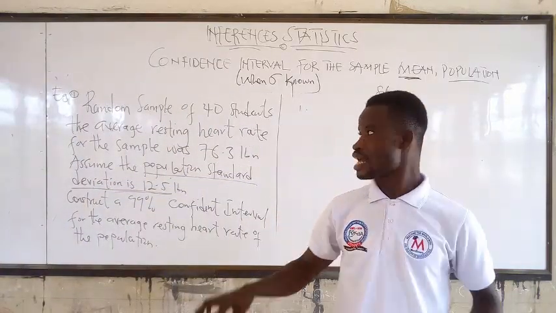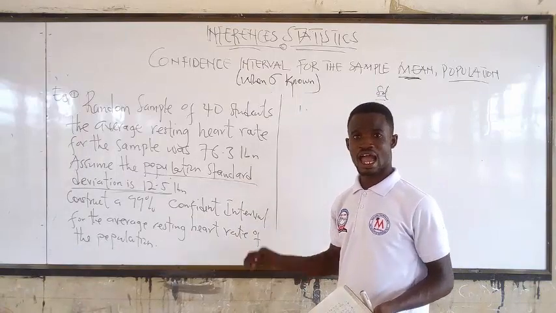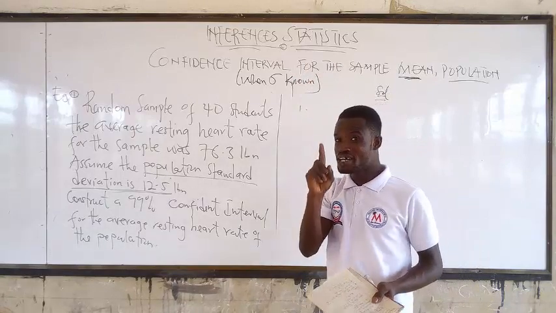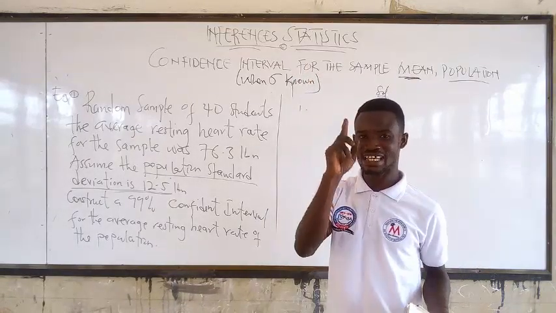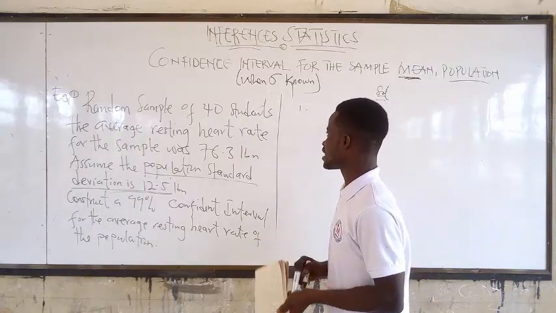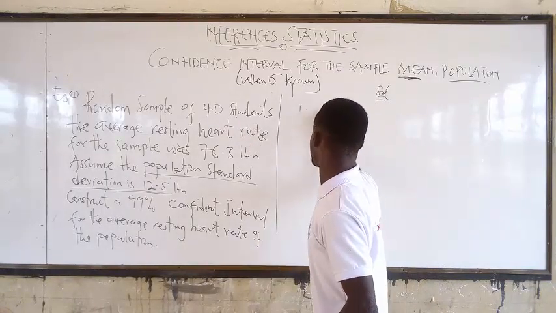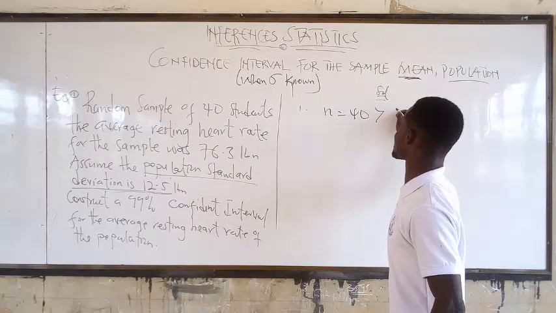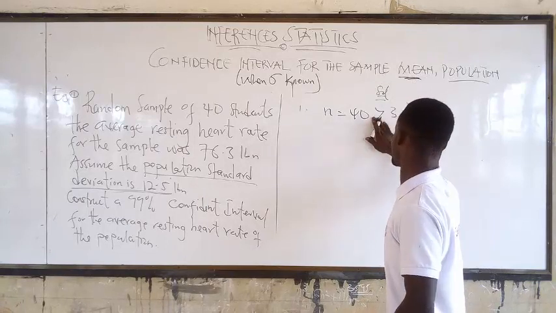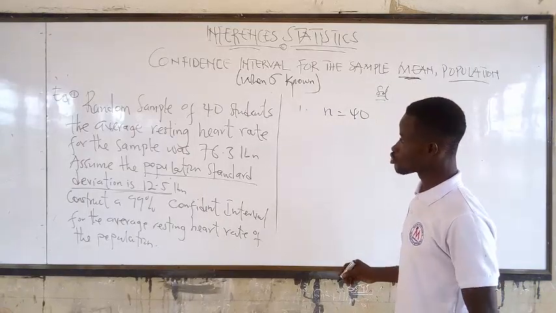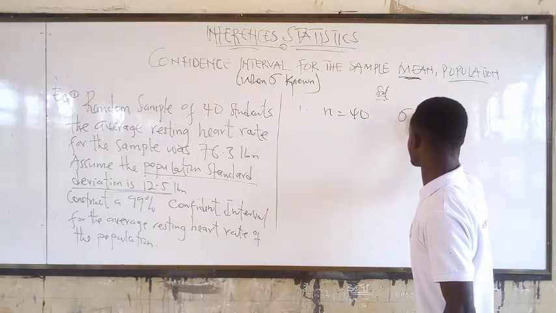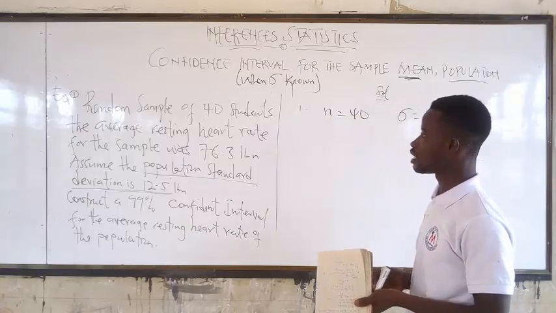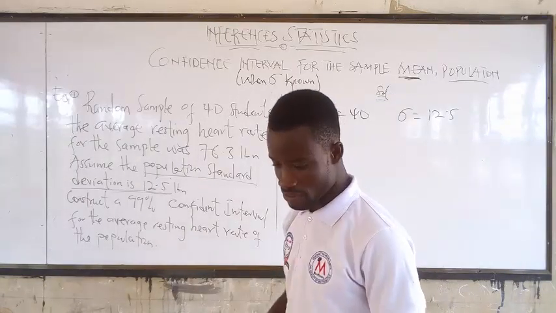That means that the population standard deviation is known. And once it's known, definitely the n will be greater than 30. That is another requirement. That is why we have n here to be 40, and the n here is greater than 30. So we know our population standard deviation to be 12.5. Then, what were we given again?